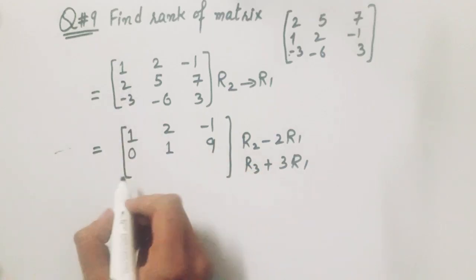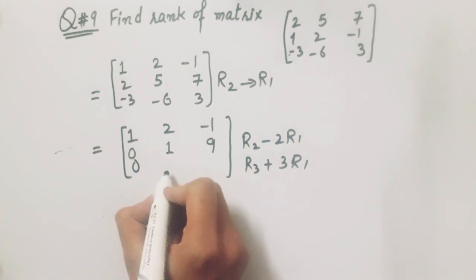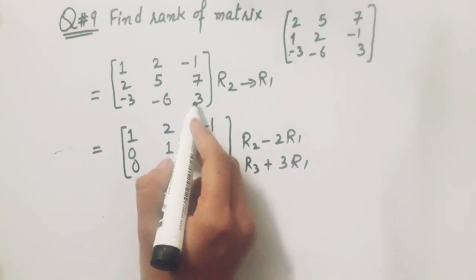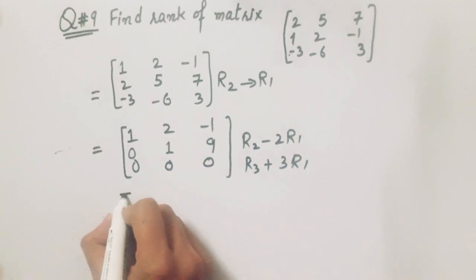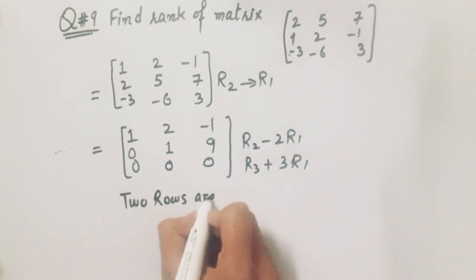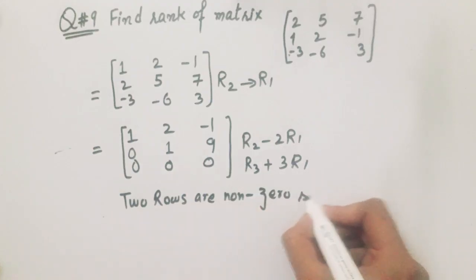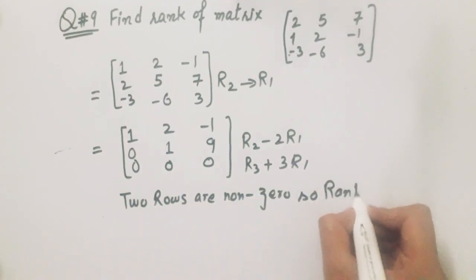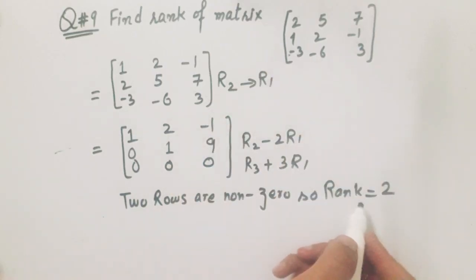Now minus 3 plus 3 is 0, minus 6 plus 6 is 0, 3 minus 3 is 0. Now 2 rows are non-zero, so rank is equal to 2. Rank of this matrix will be equal to 2.